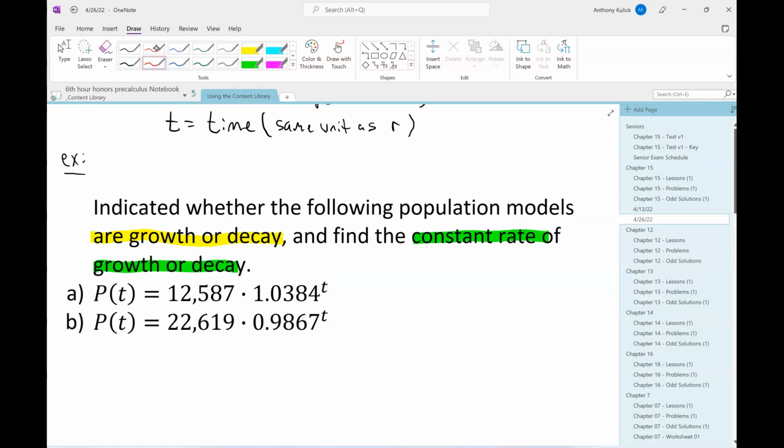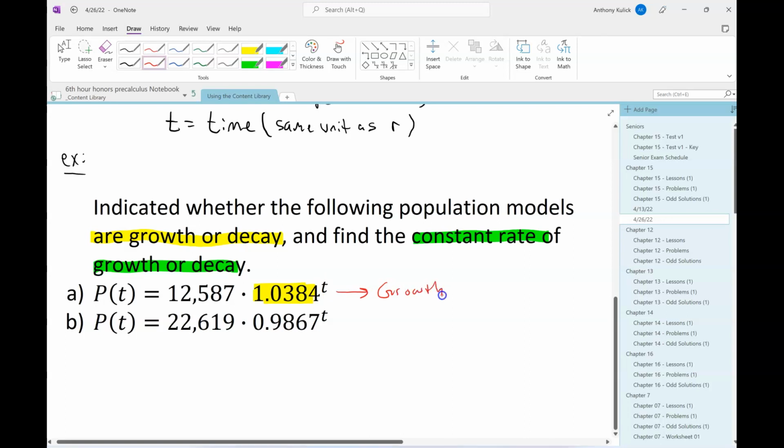For part A, what are we looking at to determine if this is growth or decay? The value for b, which in this case is which number? This 1.03. So is this one growth or decay? Growth. And for part B, we're looking at this number, which means it's decay. Easy enough, right?